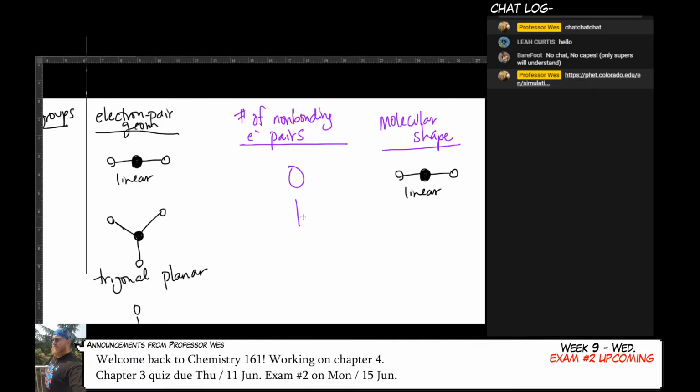If one of them was a non-bonding pair, then that would look like this. Here's my shape. And then I erased one of the positions and replaced it with electrons. Boop.